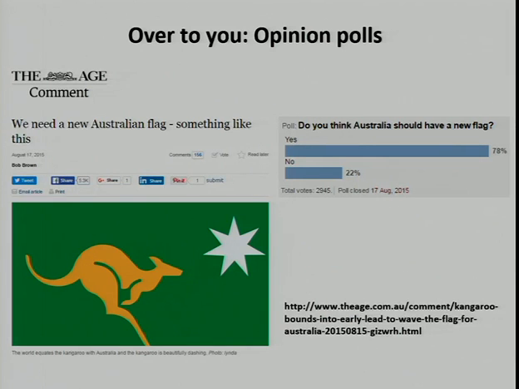So something like this, news report. You all heard about the thing in New Zealand with the flag. So does Australia need a new flag? And then here there's a reader poll. How do you think, yes or no? And a vote, and we have roughly 3,000 votes.